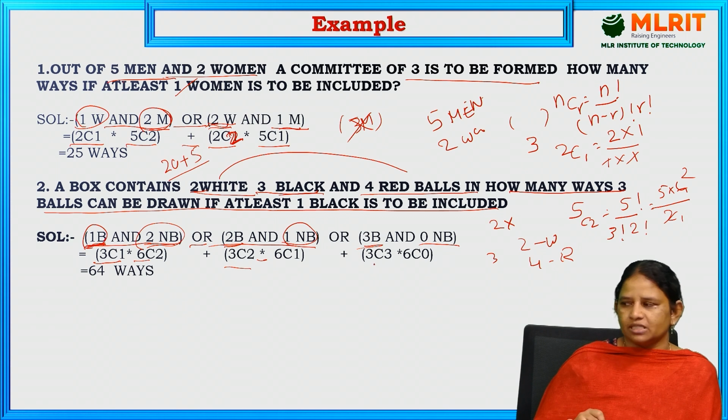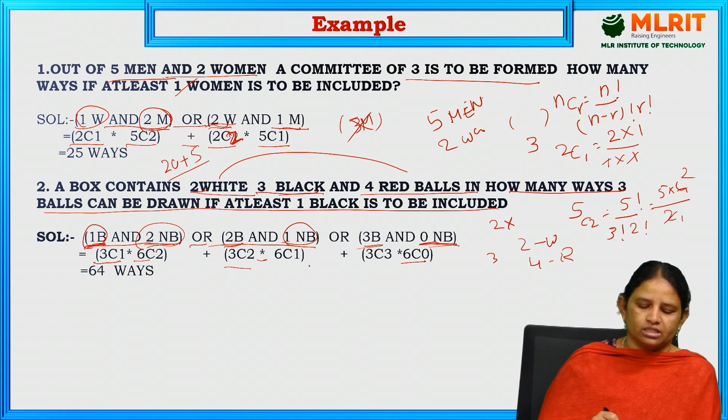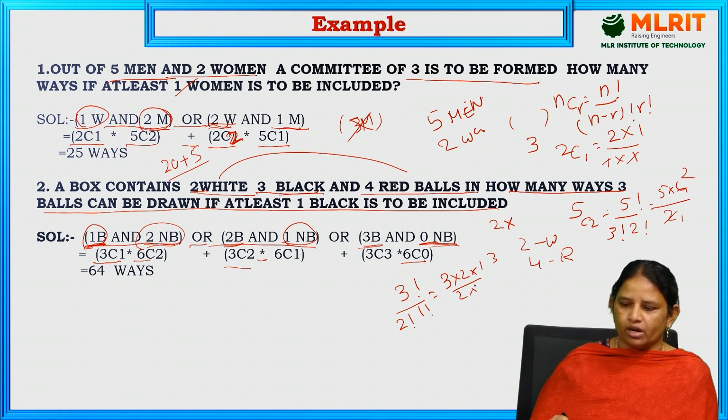3 black means 3C3 and into 0 non-colored means 6C0. So in total we have to find 3C1 into 6C2 plus 3C2 into 6C1 plus 3C3 into 6C0. 3C1 means 3 factorial by 2 factorial into 1 factorial, that is 3 into 2 into 1 by 2 into 1, we get 3.